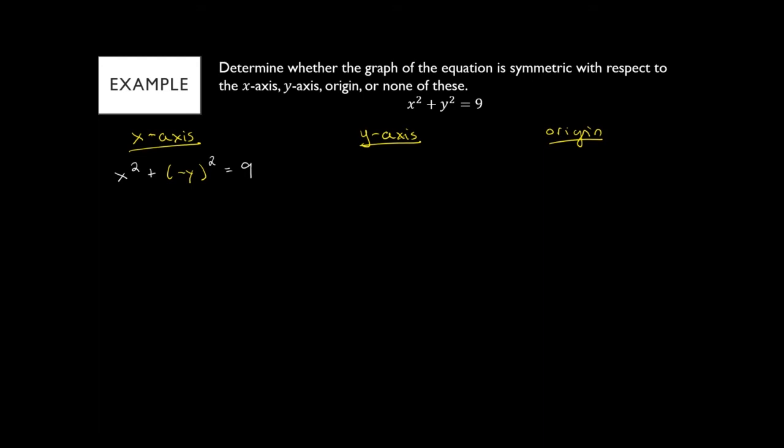We've discussed this before, that if you square a negative y, you get a positive y squared out. So that negative basically cancels out, and we're left with x squared plus y squared equals 9. So here we got the same equation, the equation that we were given. So there is symmetry here.